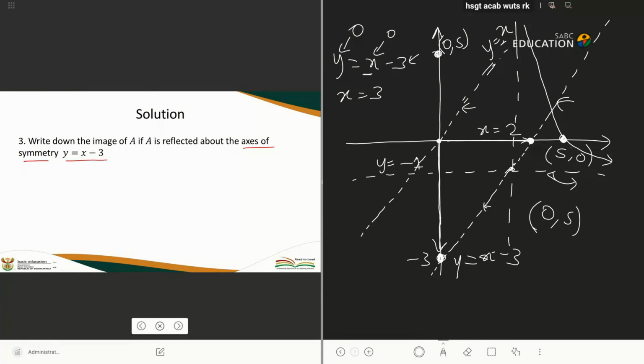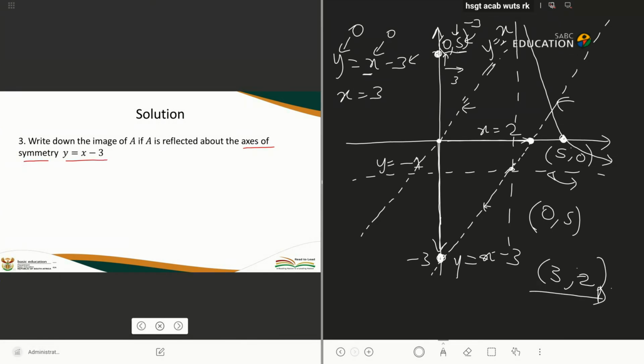And what is my translation? The x coordinate must be translated 3 units to the right, and the y coordinate must be translated 3 units downwards. So if I translate this point 3 units to the right, my x becomes what? Becomes 3. And if I translate the coordinate 5, 3 units downwards, that becomes 2.